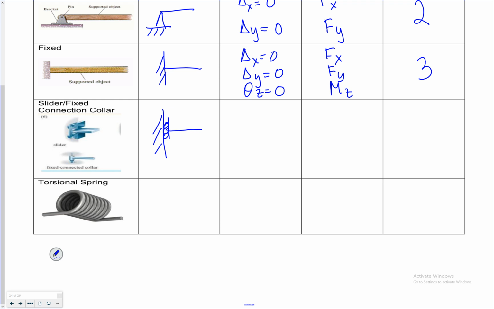So it can't go horizontal, at least drawn in this configuration, but it can go up and down. So it can't go horizontal and it can't rotate. And so it has a horizontal reaction force and a moment reaction. And we have 2 unknowns.